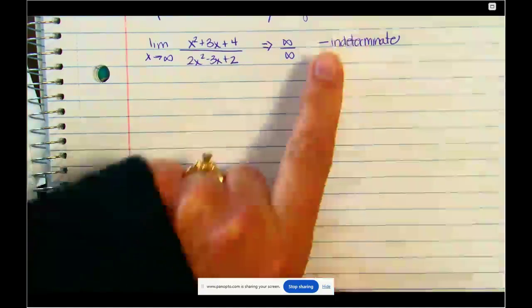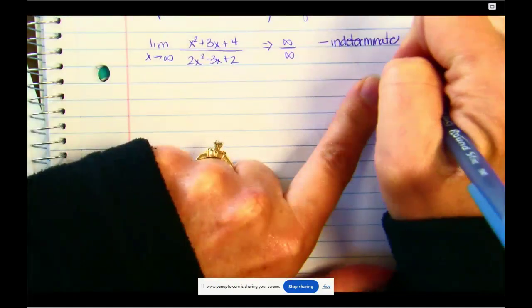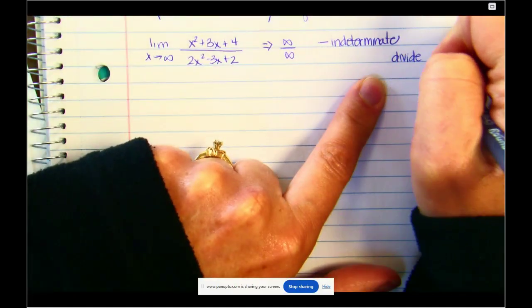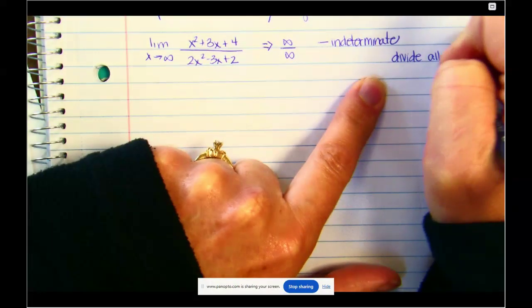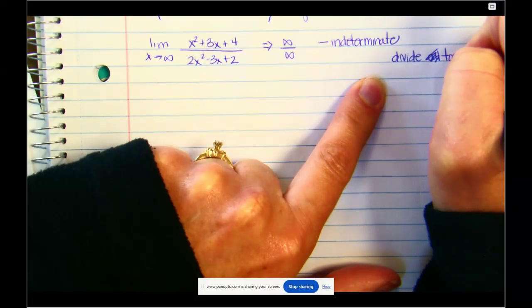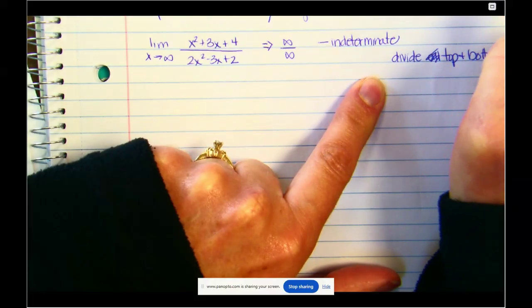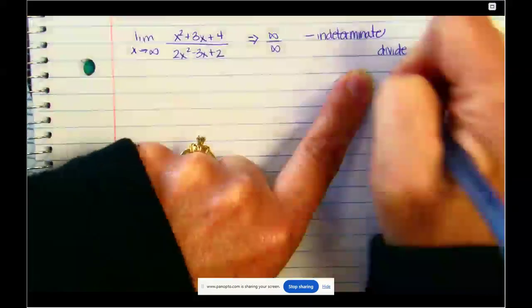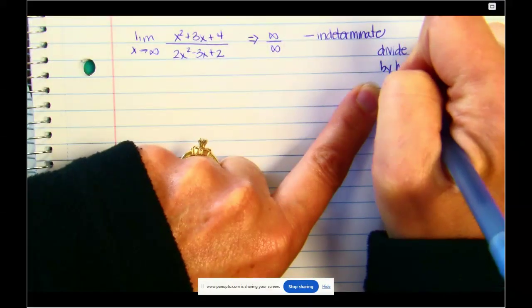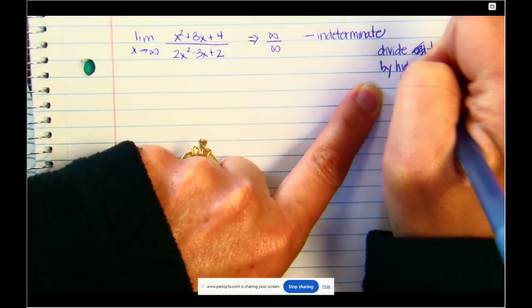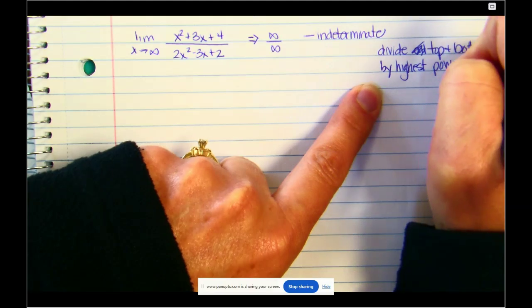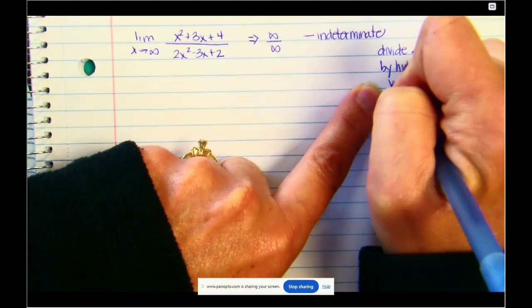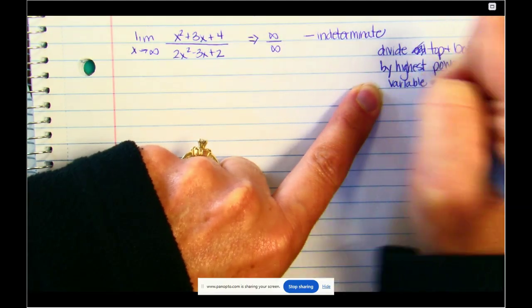So when it's infinity over infinity, you divide all the pieces, the top and the bottom, by the highest powered variable in the denominator. I'll show you.